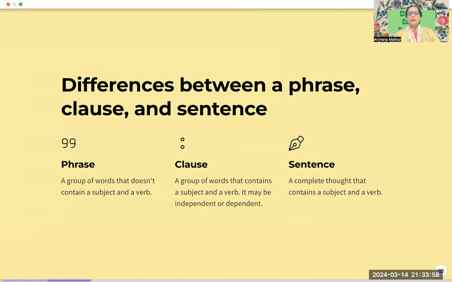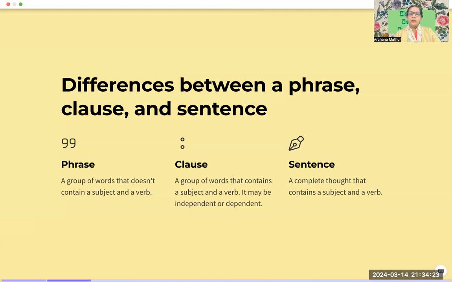It doesn't make any sense. Like if I say, lying there. So what is lying where? This is a phrase. It doesn't have a subject. Only the verb is there.